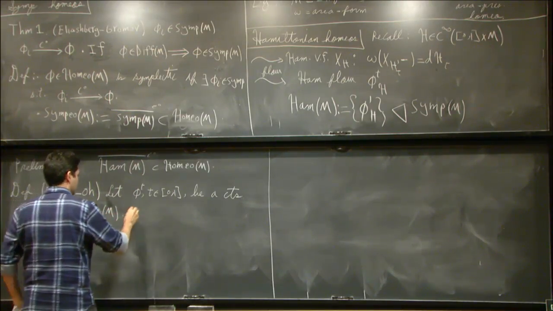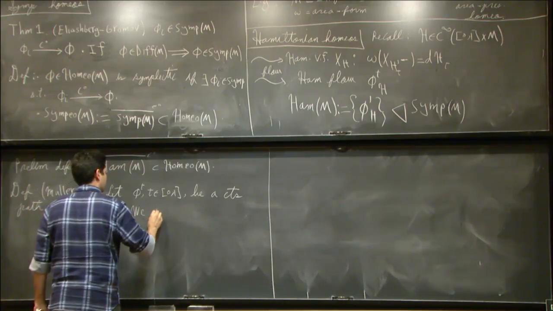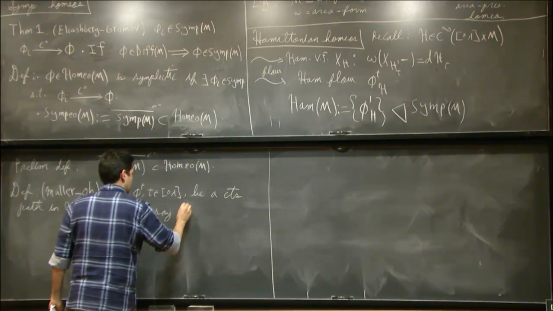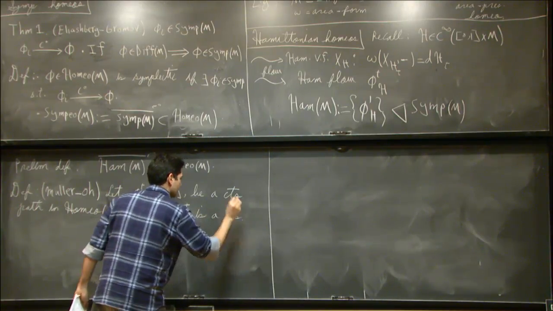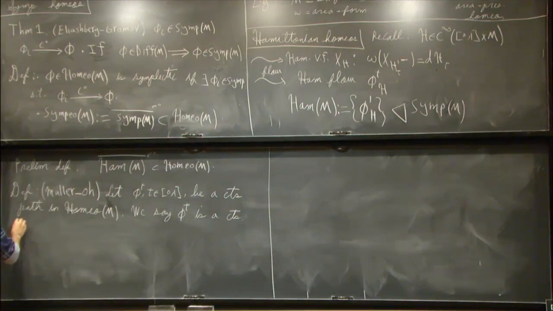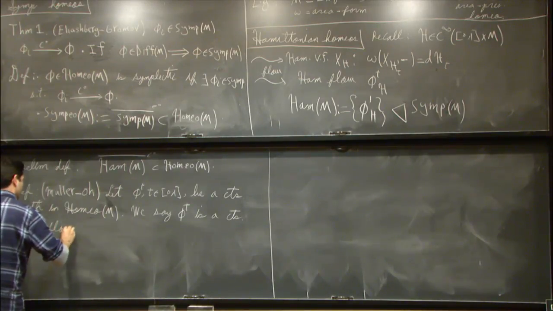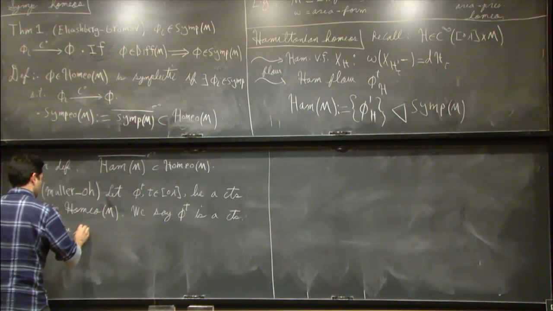We say phi t is a continuous Hamiltonian flow if the following is true.